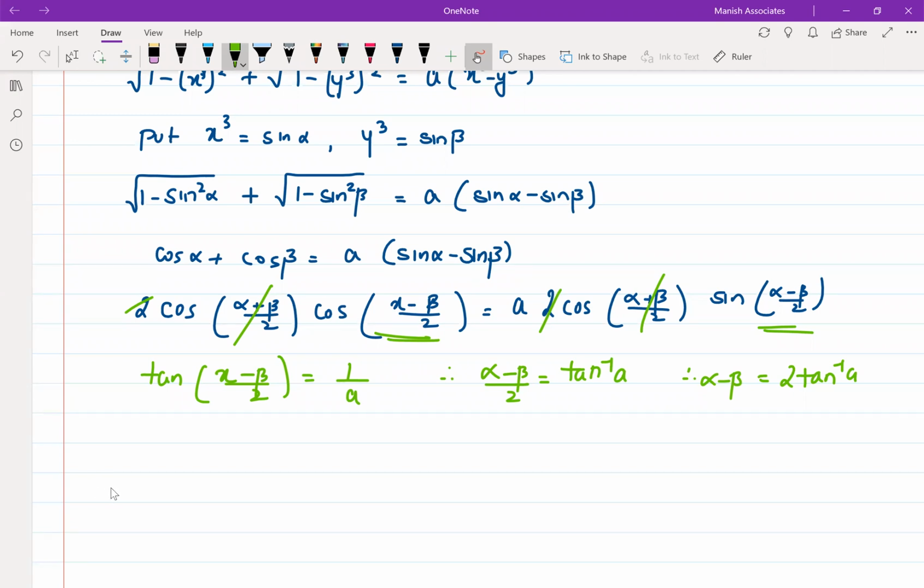Correct? Now what is alpha? Alpha is sin inverse of x cube. What is beta? Sin inverse of y cube.